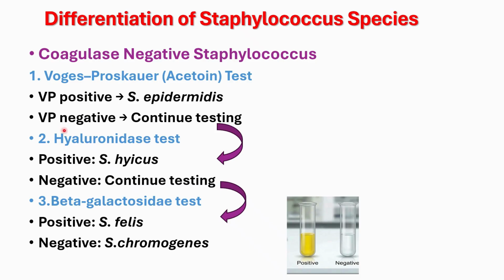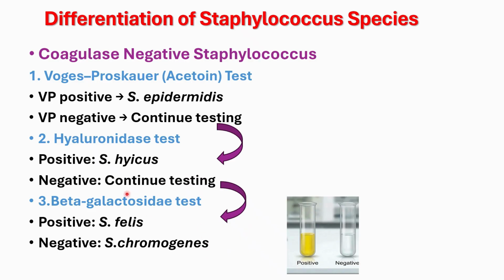If it is VP test negative, we have to continue to the next test, that is the hyaluronidase test. This test detects the enzyme hyaluronidase, which helps bacteria break down hyaluronic acid in host tissues. If the hyaluronidase test is positive, the organism will be Staphylococcus hyicus, and if it is negative, we have to continue with additional testing.